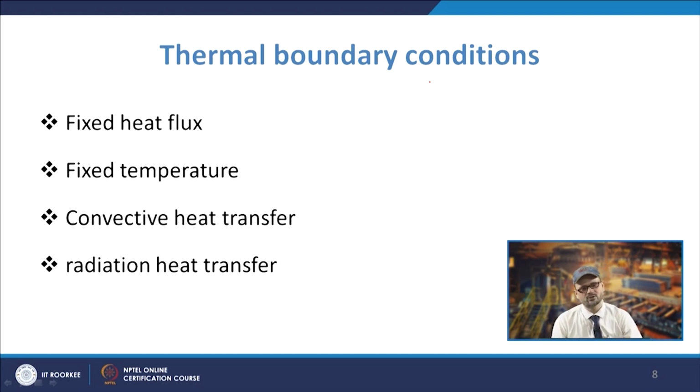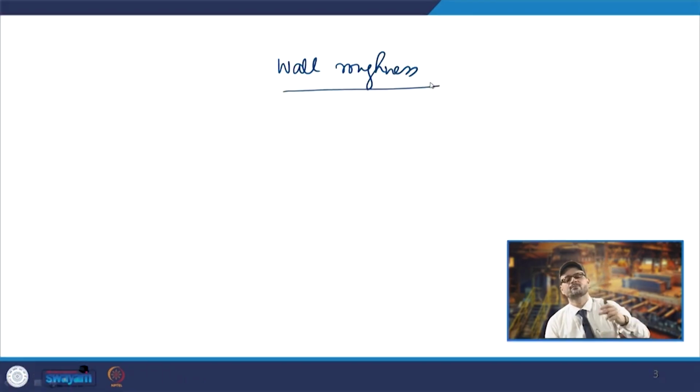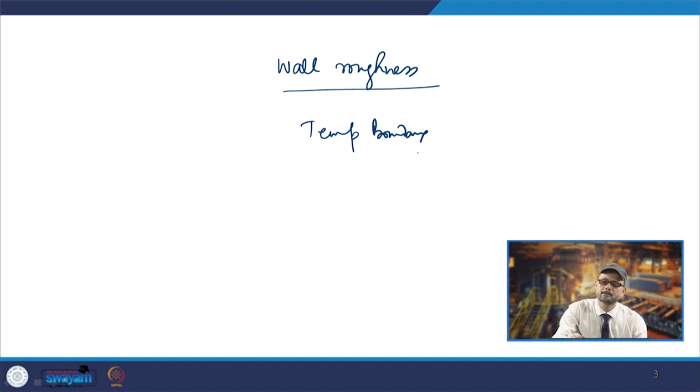So, there will be heat transfer taking place through the walls, and that is to be computed. When you have the temperature boundary conditions provided, you can find the heat transfer when the temperature is fixed at the wall.